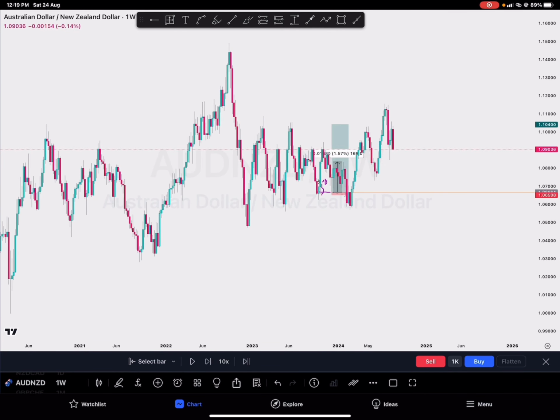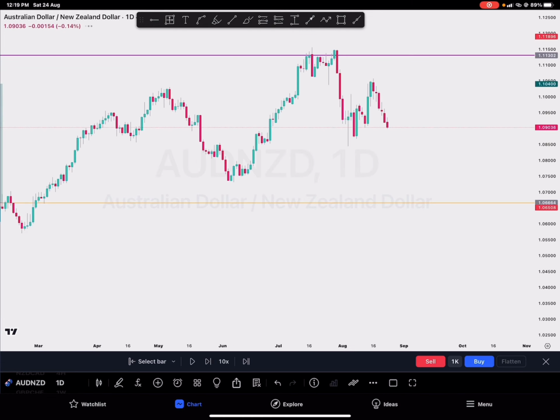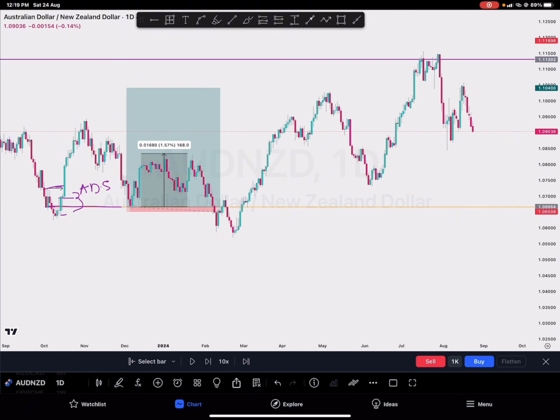You also have AUDNZ, which is also having a normal liquidity engineering from the daily time frame. So let me first cut here.